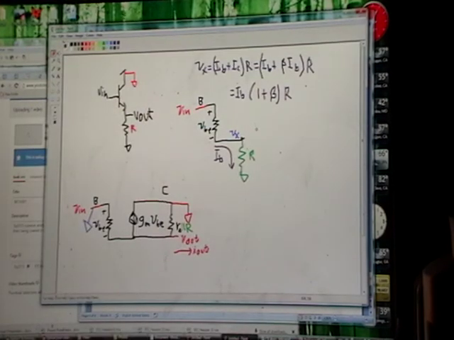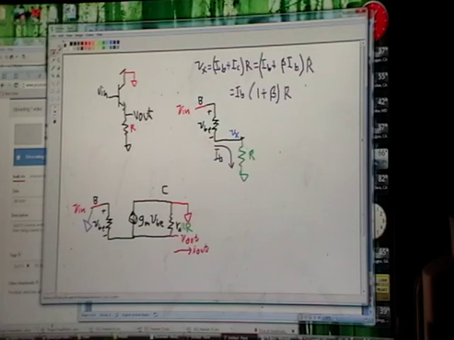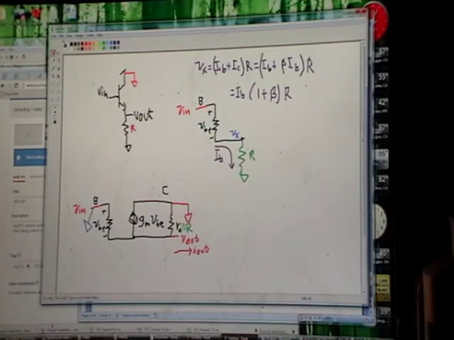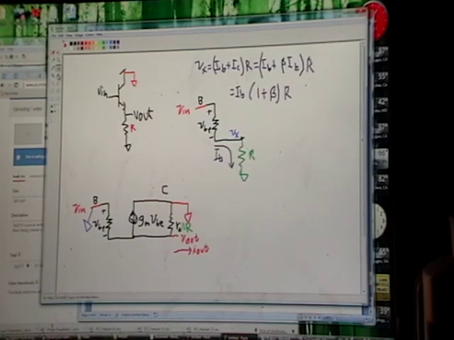Now this is no longer the same circuit as we had before, but if you had a resistor of size R times (1 plus beta), now you'd have Vx back again.